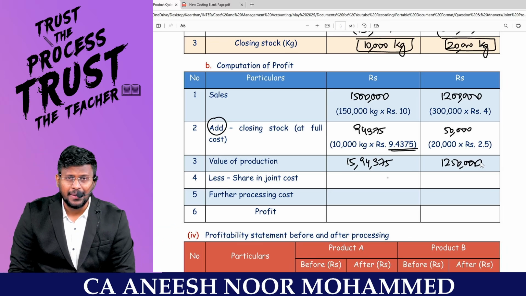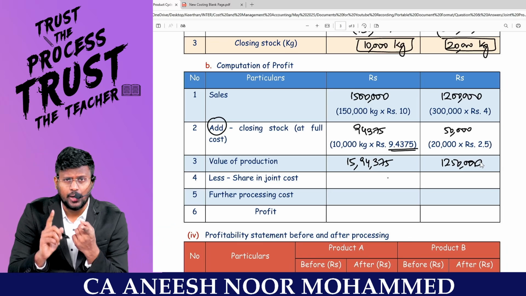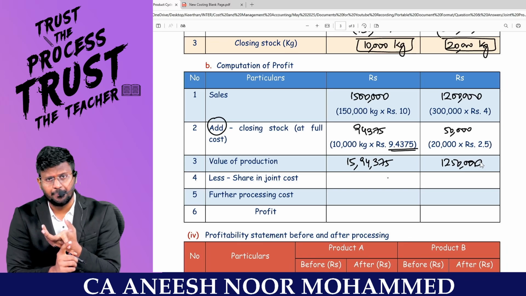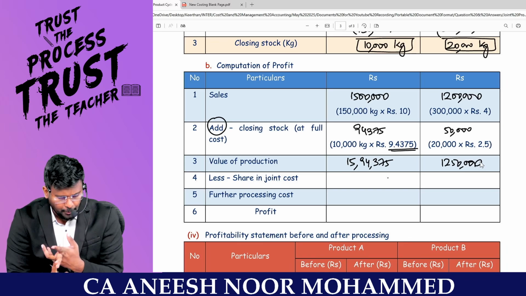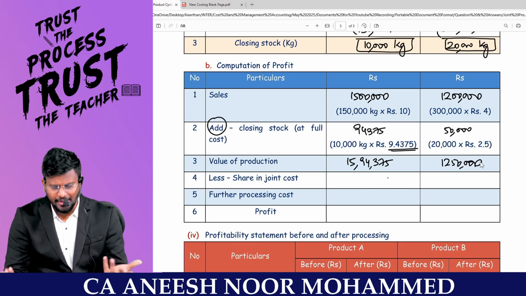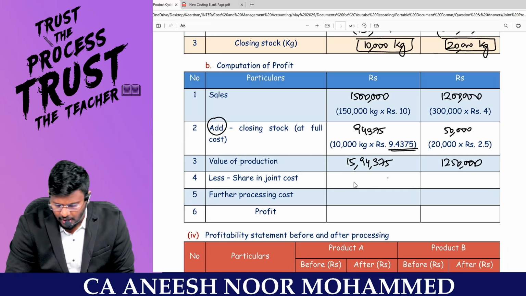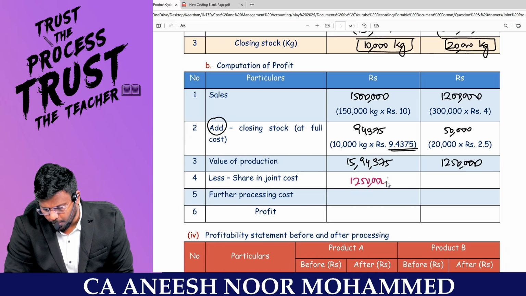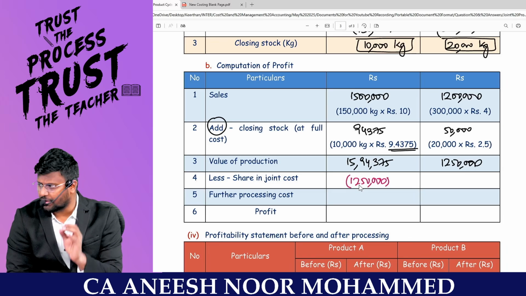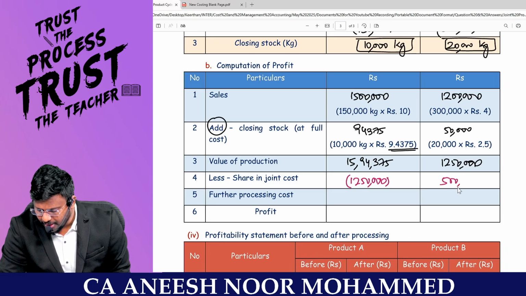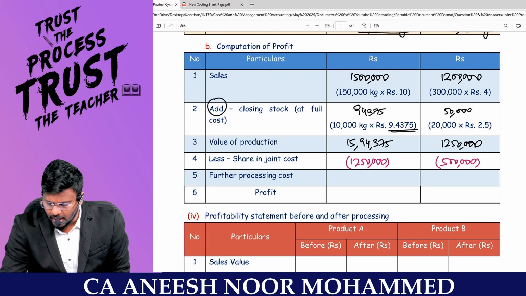So in the debit side of the trading account, I have to debit the share of joint cost. I have to debit the further processing cost. That's it. I will be getting the answer. What is the share of joint cost? This is the cost detail. 12,50,000 rupees is the share of joint cost for the first product. 5 lakh rupees is the share of joint cost for the second product.